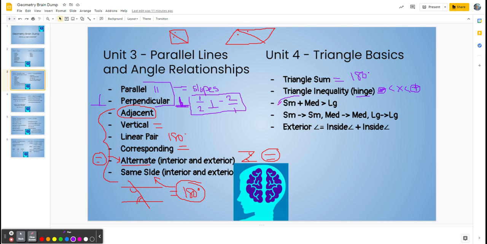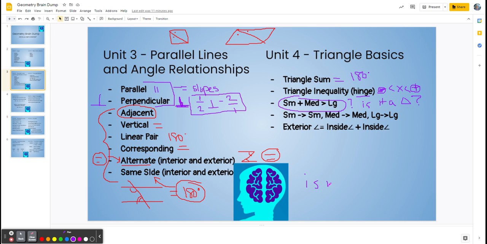What am I doing when I do small plus medium is bigger than large? What question am I asking? Is it what kind of triangle? A regular triangle. This is the answer to, is it a triangle? Is it a right triangle?